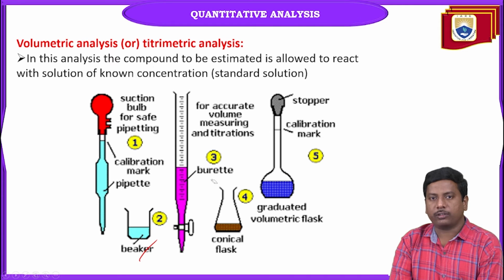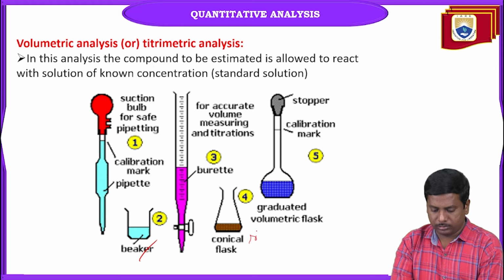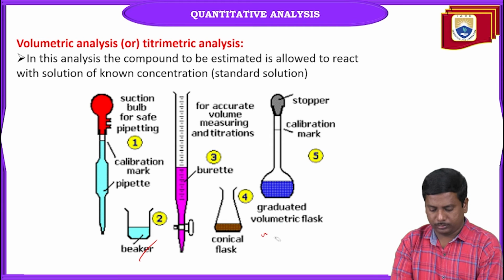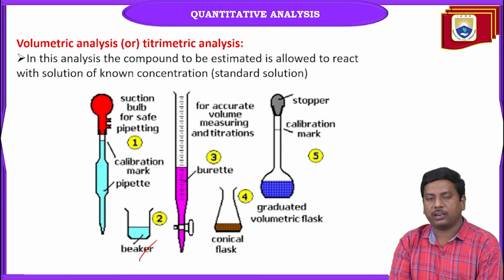And the fourth equipment is the conical flask. The conical flask is applicable for the titration method, and also for stirring the solution, the stirring purpose. And the fifth equipment is the graduated flask or volumetric flask.